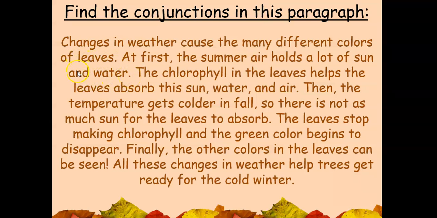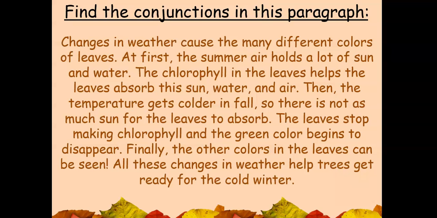We know that and can be used as a conjunction, but it's not combining two simple sentences into one compound sentence. But then if you look at this one, then the temperature gets colder in fall, so there is not as much sun for the leaves to absorb. There you are using that conjunction to become a compound sentence. You will have more opportunities, especially when we do our next focusing question test before in a module, to practice using compound sentences and conjunctions.